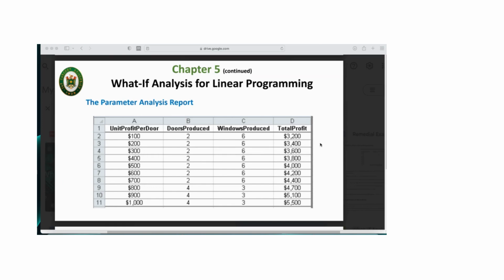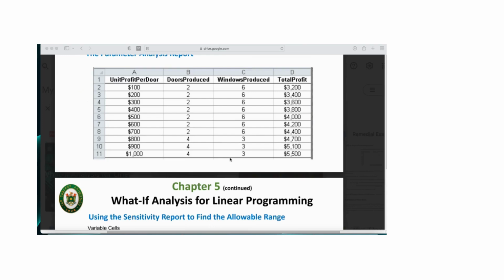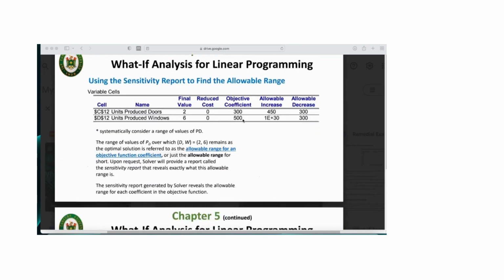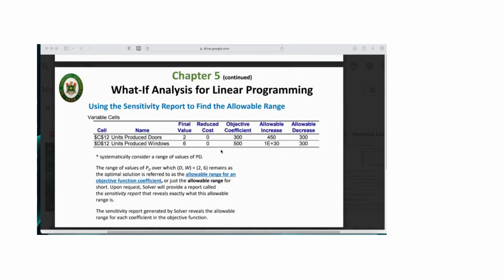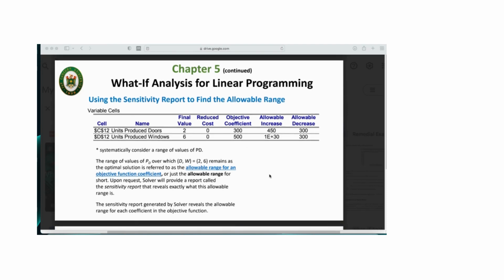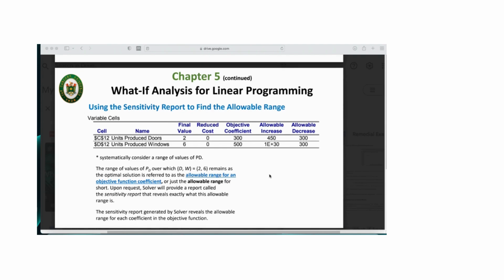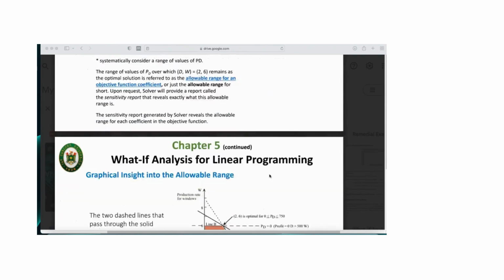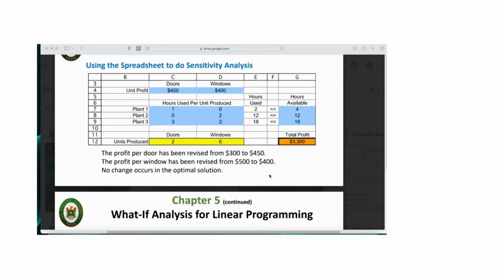So changing one parameter leads us to these results, and also how to interpret or understand the sensitivity report for the allowable range. That's all that you need to accomplish, understanding these tables. Okay, we skip the graph.